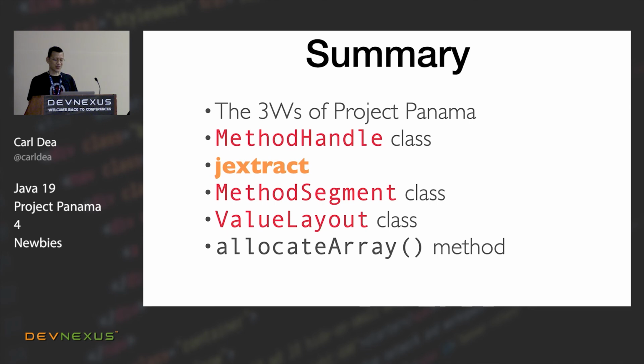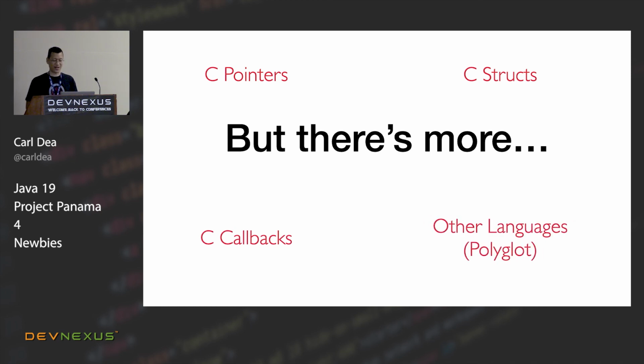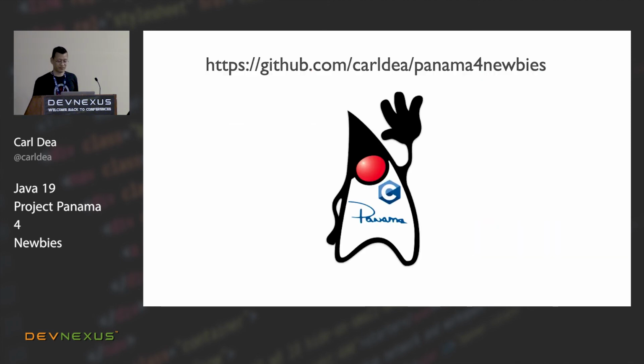my blogs actually go into more detail on how to create a pointer and such. So see, there's a lot of pointers. So yeah, there's C pointers, there's C structs, there's callbacks. We don't have time to go through, and some of the demos that I showed you about Polyglot.